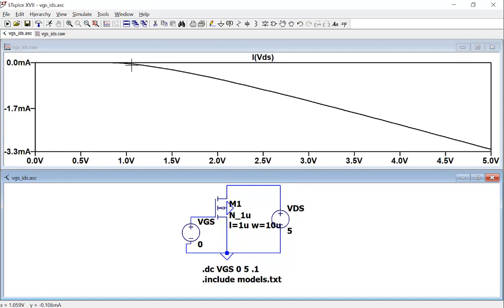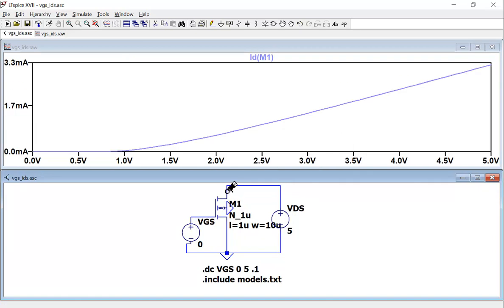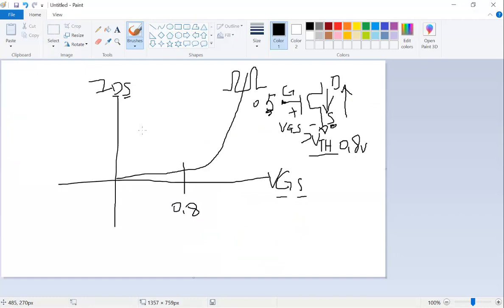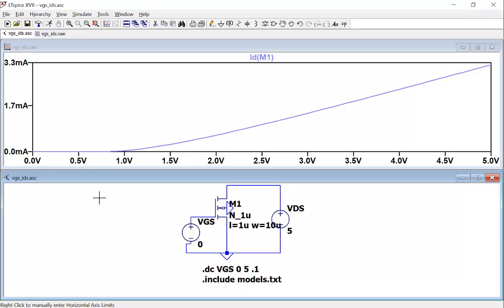Positive. Yeah, so the x-axis is not being inversed at all. So still positive. Is that 0.8 volts? Pretty close. As a threshold voltage. Okay, so if I probe the transistor's current, looks exactly like what I drew here. Okay, make sense?